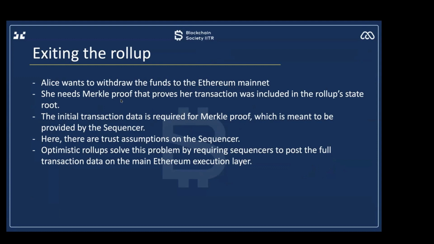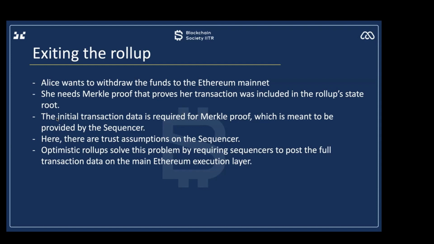Firstly, she'll need a Merkle proof. That Merkle proof will prove that she has submitted some amount of ETH or whatever currency to layer 2. For generating that proof, she'll require the transaction data, and that data is meant to be provided by the sequencer.